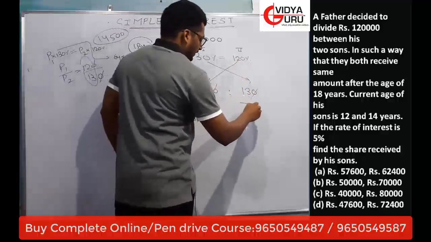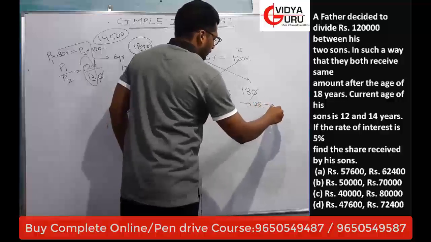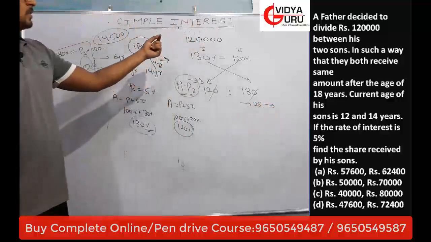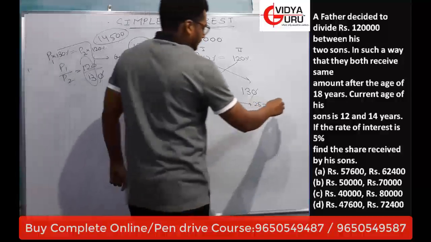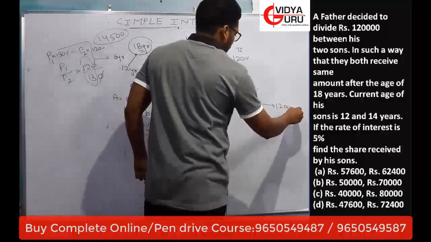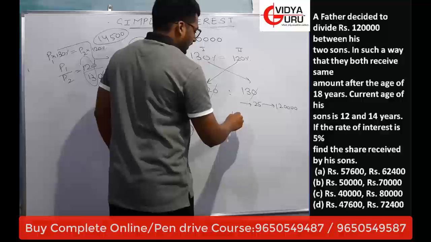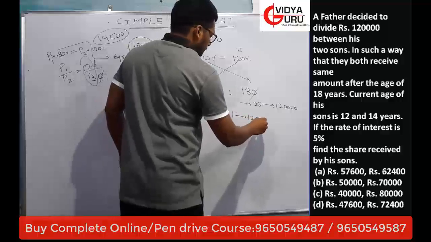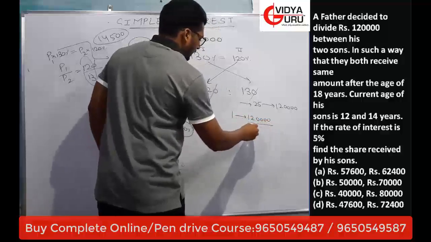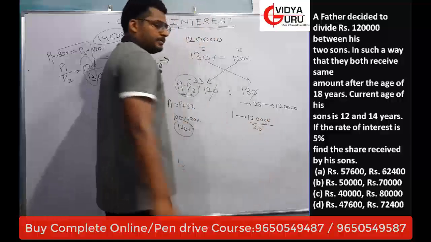What is it? 25. The value of 25 is 1,20,000. What will be the value of 1? 1,20,000 by 25.